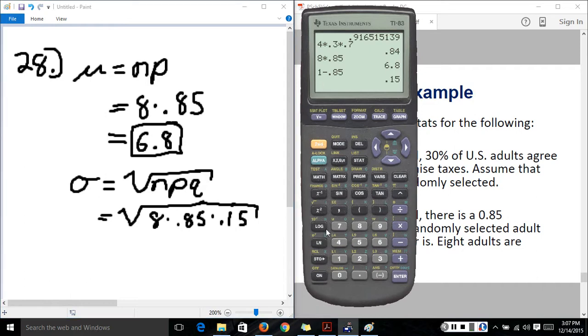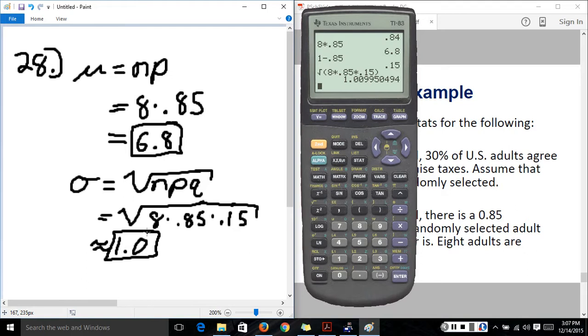Then I find the square root of that product. And we'll round that to 1 decimal place as well. Once it's rounded, you get 1.0. I leave the 0.0 because it is rounded.